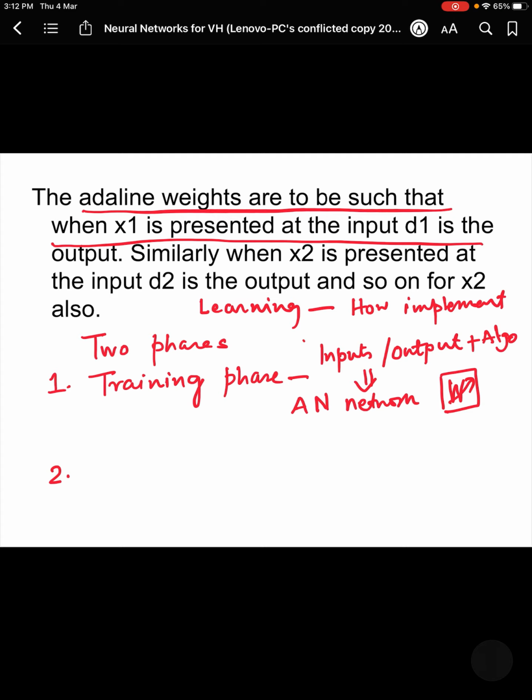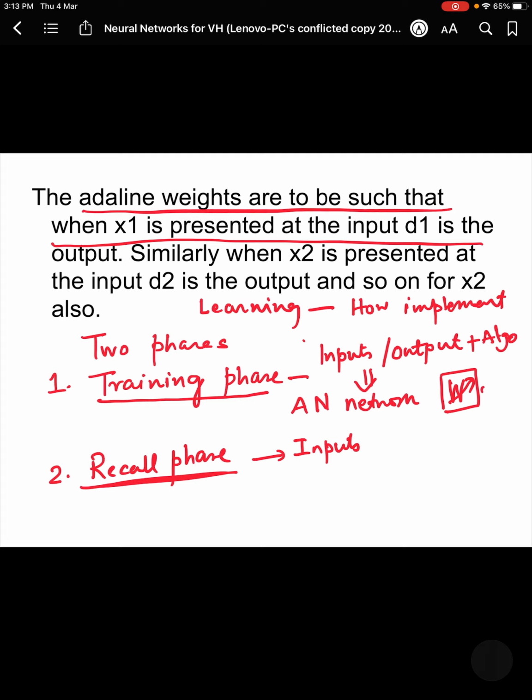Once this network is ready, the second phase is the use phase, the phase in which the actual neural network is being used. So this was just for training, for developing a network. Once the network has been developed, it works in a recall phase. What do we mean by a recall phase here? Basically, in the recall phase we supply inputs to the network.